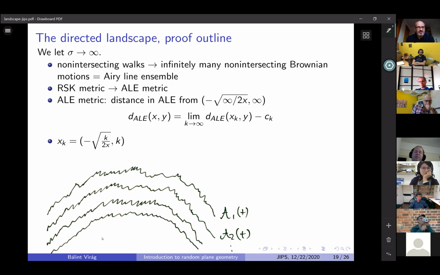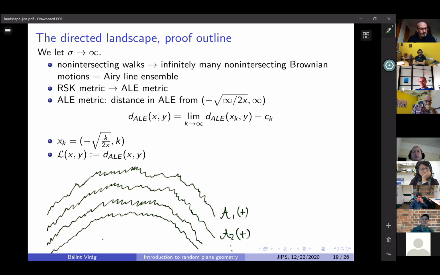So that's a short summary of what we do in our paper about the directed landscape. It takes a little while to prove that these things exist and so on, and also that we converge, but we do, and in this way we got the geometry that is constructed based on this Airy line ensemble. So L(x,y) is just defined as this Airy line ensemble metric.